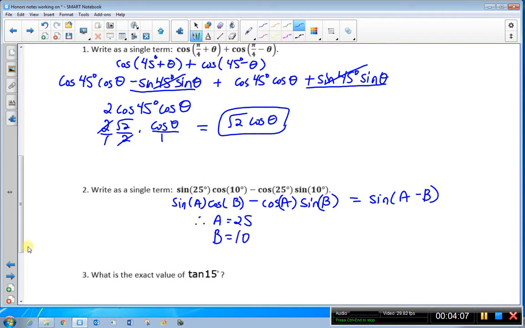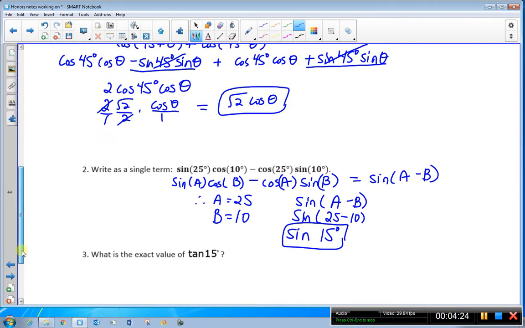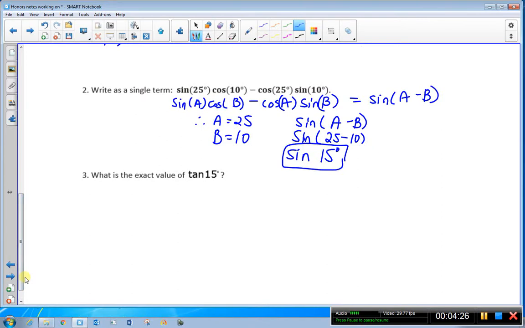So sine of A minus B is the sine of 25 minus 10, which is the sine of 15. And that's what that is all about. Write as a single term, and that's what we did.